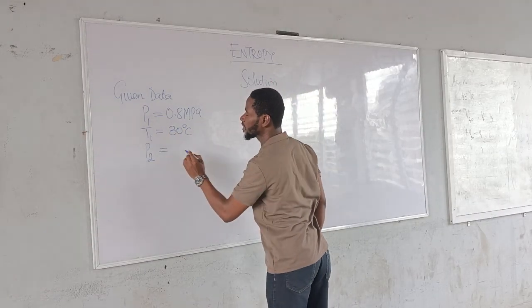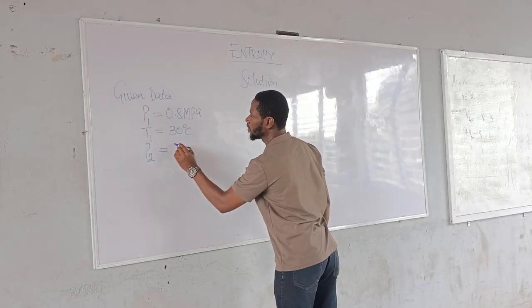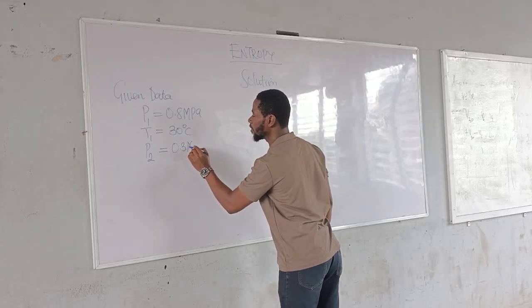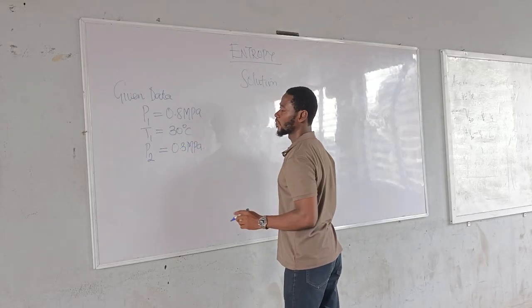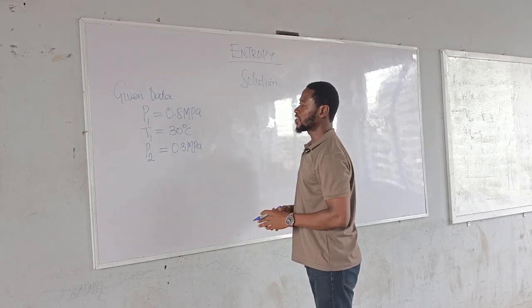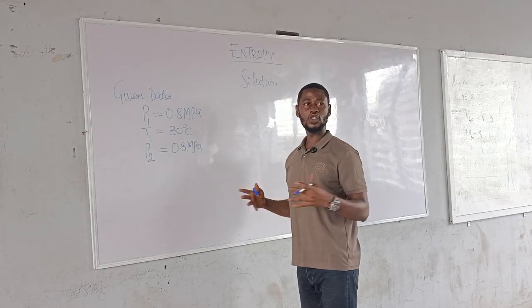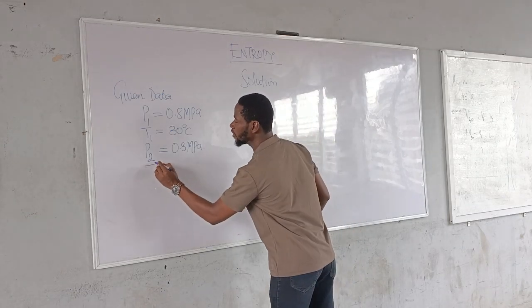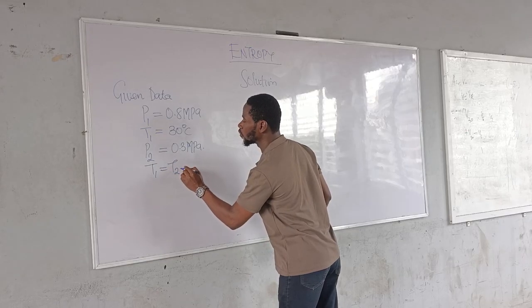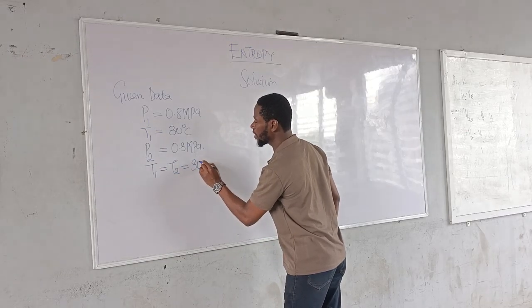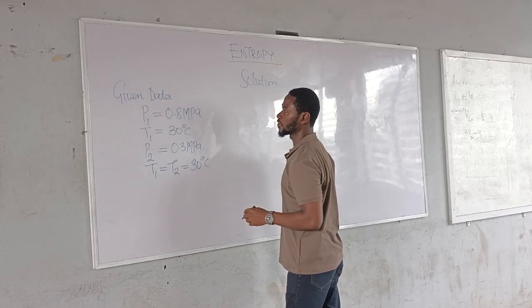The final pressure is given as 0.3 MPa. Since the process is throttled, therefore T1 equals T2, which is 30 degrees Celsius.